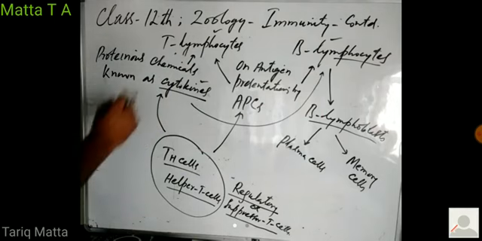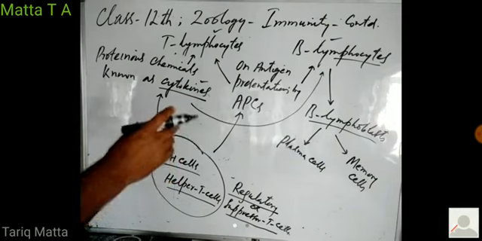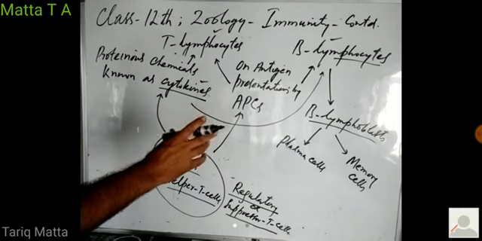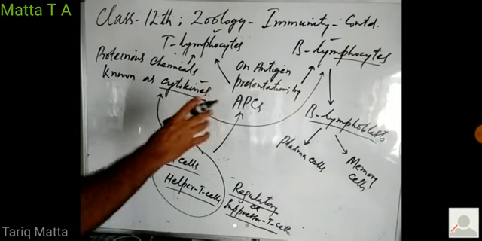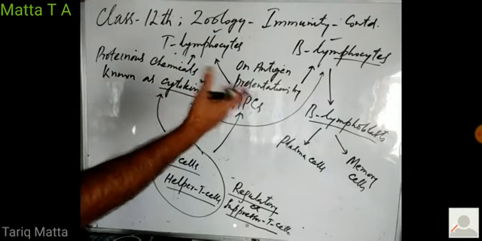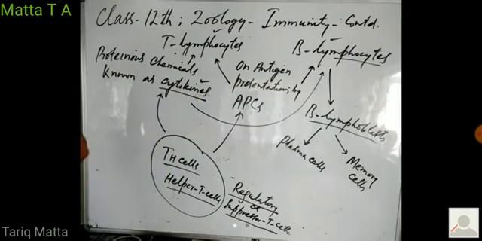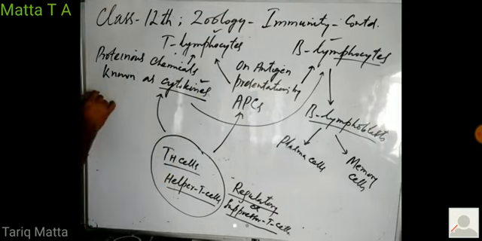So these cytokines: cyto means cell, kines means movement. So they cause the interaction of different cells. These are proteinous chemicals which stimulate the other cells for action, right? These cytokines involve different types of chemicals. They involve interleukins.